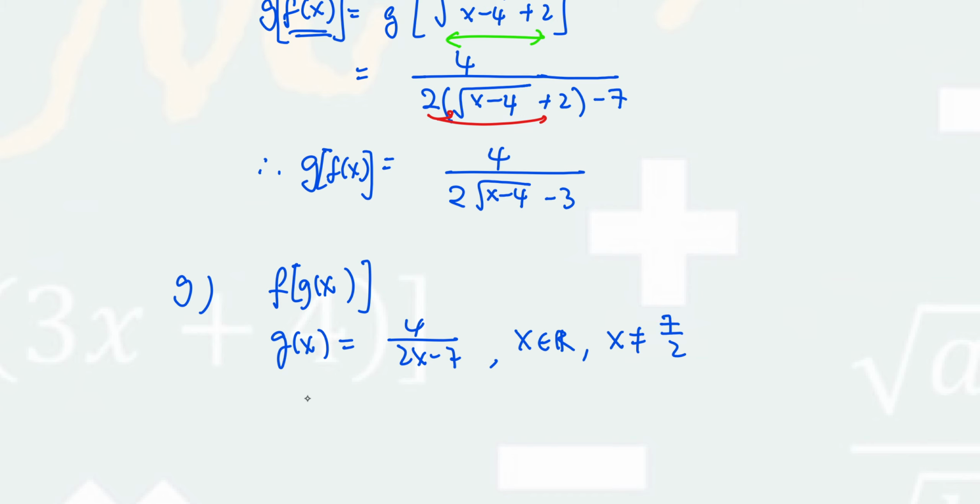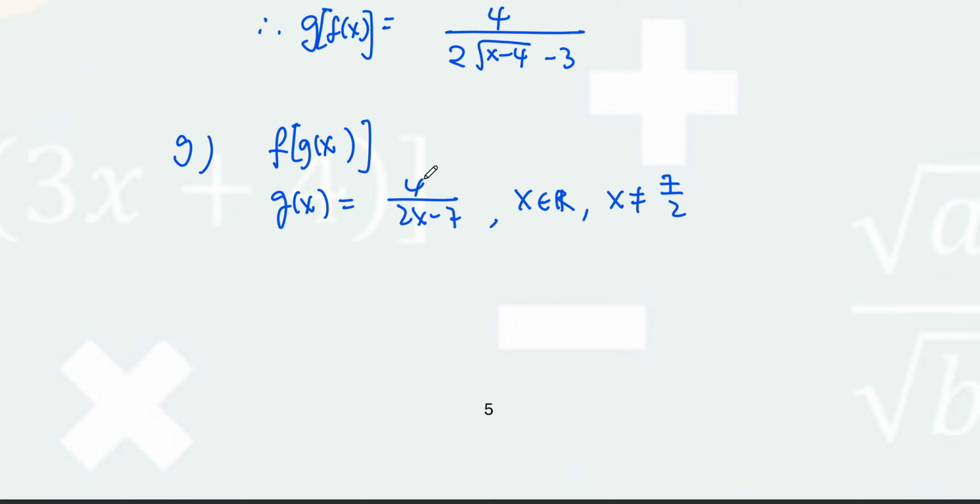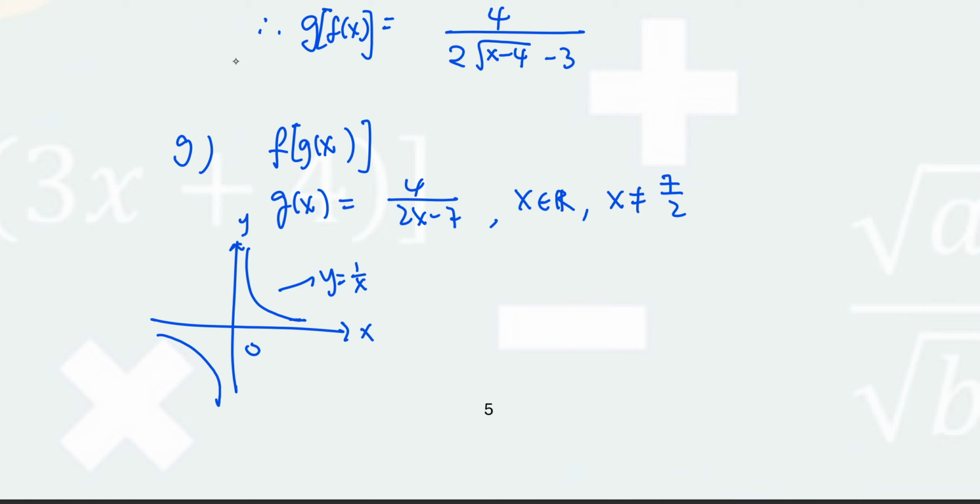Okay, so from here, if I sketch a graph, 2x minus 7, by referring to the 1 over x graph, this is y equals 1 over x. Here is x, 0, y. Now, we know that x cannot be 7 over 2 if I need to sketch this graph.